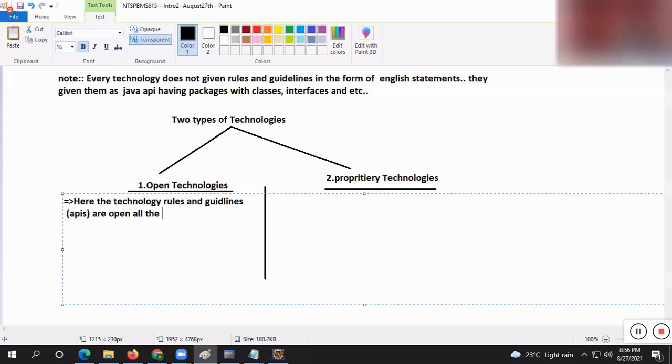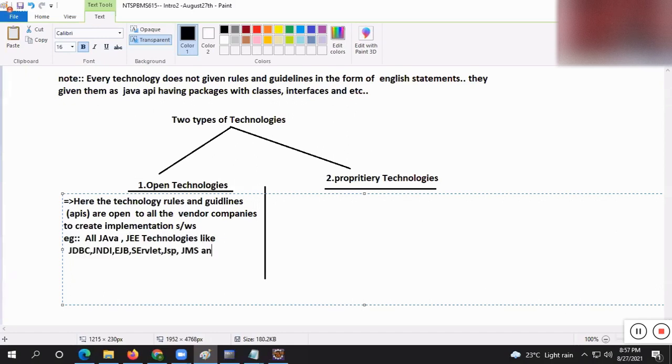Vendors means creators of something. Example, all Java EE technologies like JDBC, JNDI, whatever I listed above, EJB, Servlet, JSP, JMS, etc.